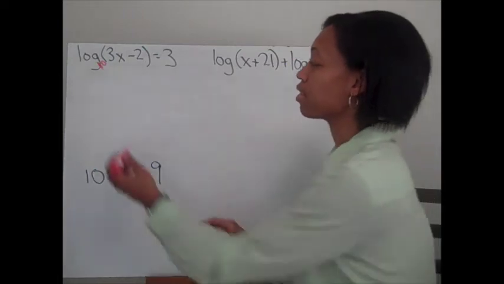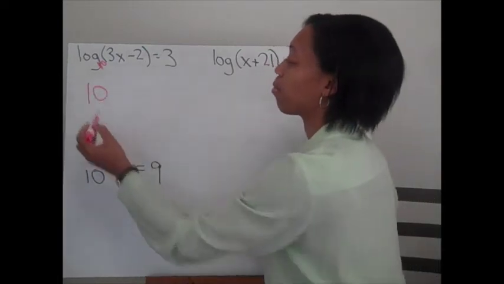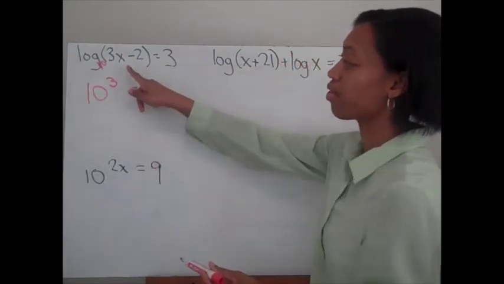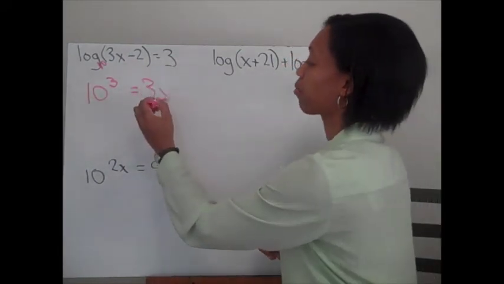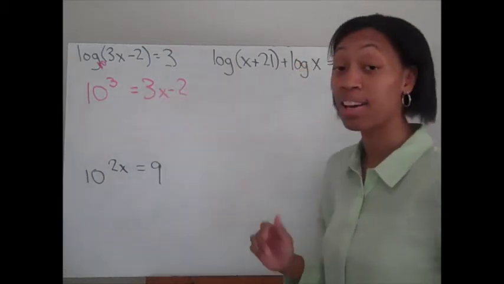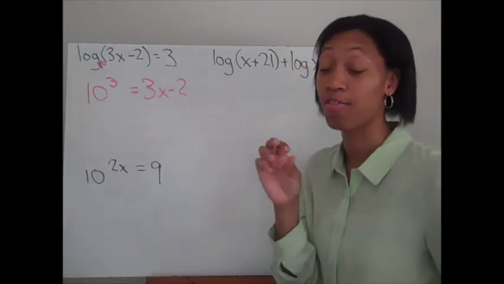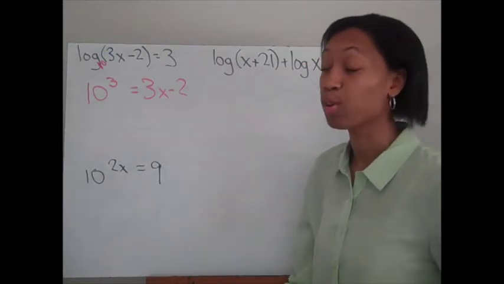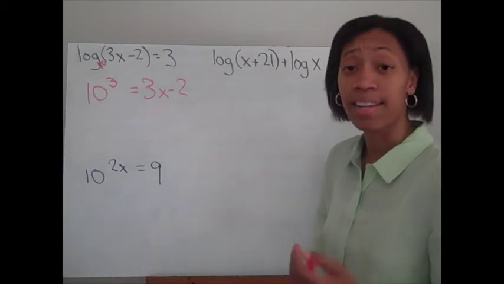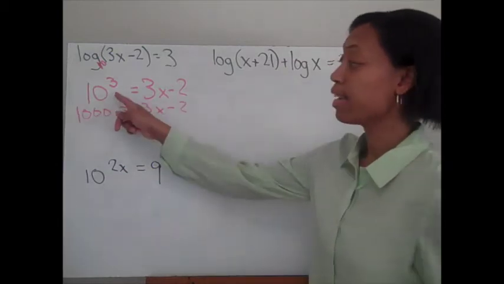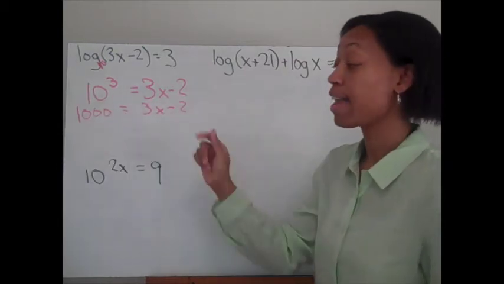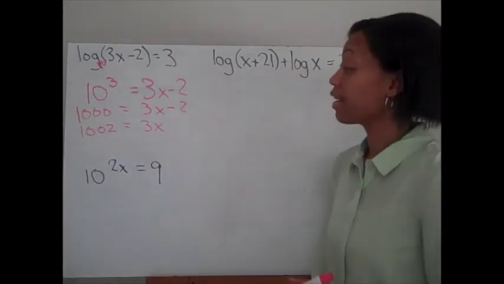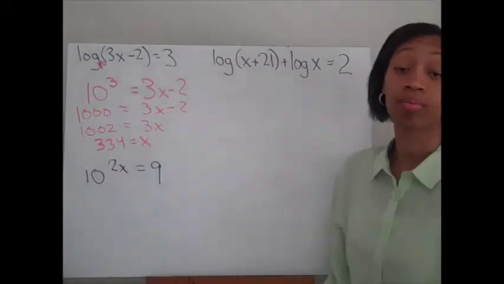So my base is 10, and I'm raising that to the power of 3 equals the number inside here. I followed the rewriting laws that we learned on the first day with rewriting exponents as logs. Now it's easy to solve. 10 cubed is 1,000. Add 2 to the other side, and 1,002 divided by 3 gives us 334.